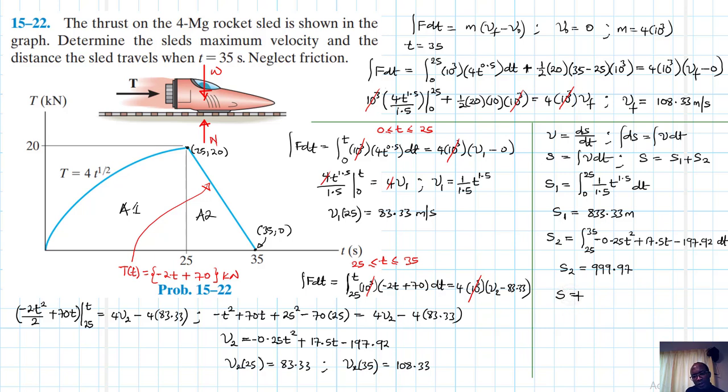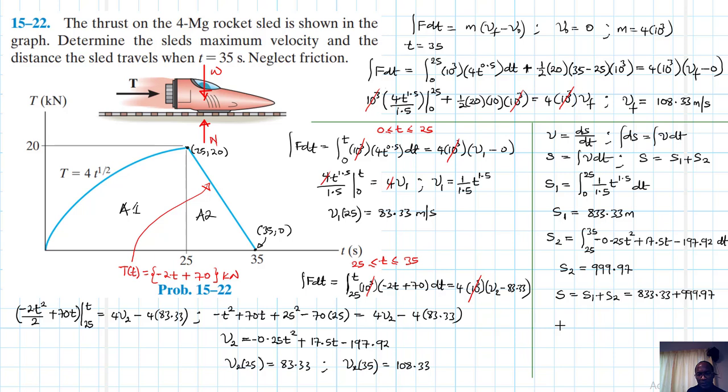Therefore, my S is just equal to S1 plus S2, which is just equal to 833.33 plus 999.97. Let me check this once more. I think it looks fine. So 833.33 plus 999.97.